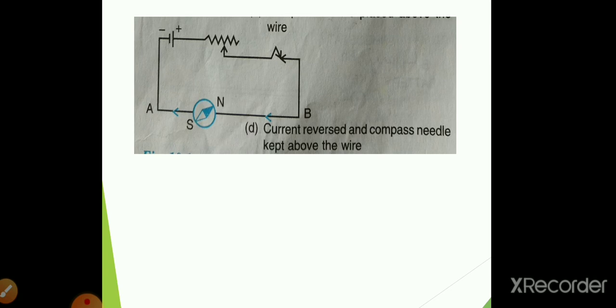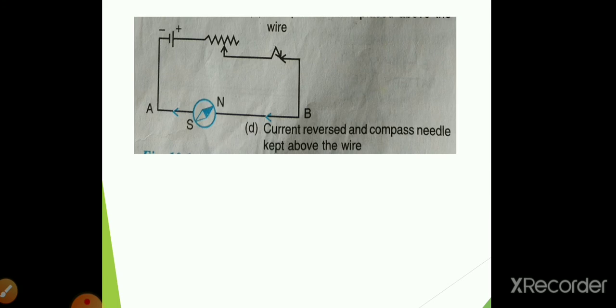This is called the magnetic effect of electric current. And the strength of this magnetic field and direction of the magnetic field depends on the magnitude and direction of current.